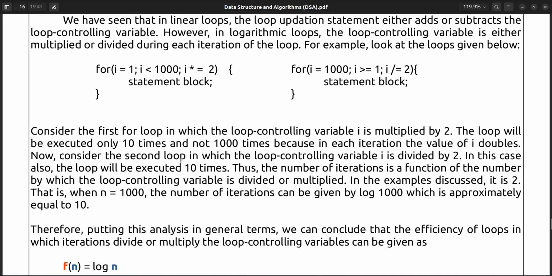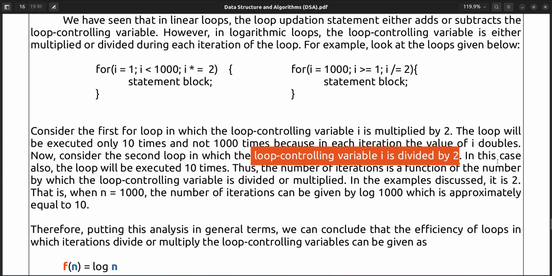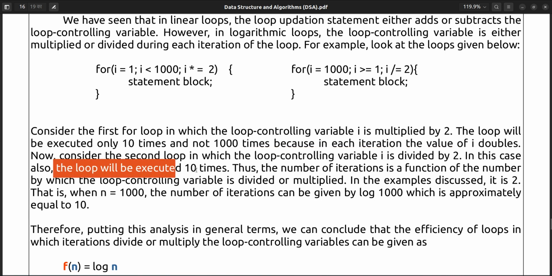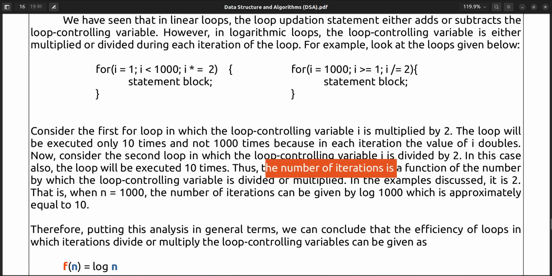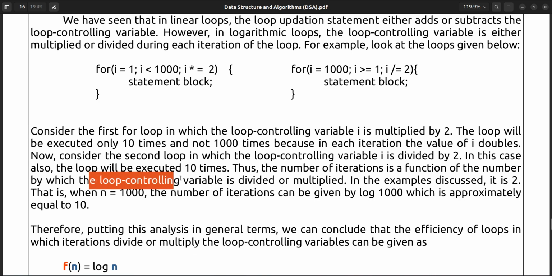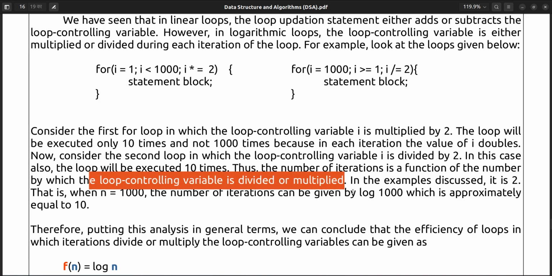Now consider the second loop in which the loop controlling variable is divided by 2. In this case also the loop will be executed 10 times only. Thus the number of iterations is a function of the number by which the loop controlling variable is divided or multiplied.